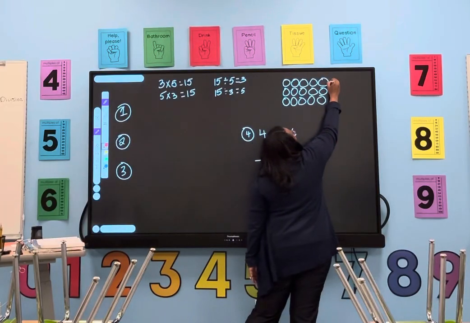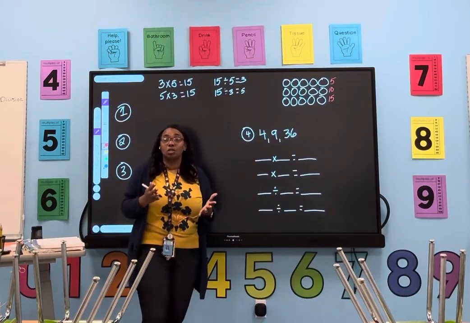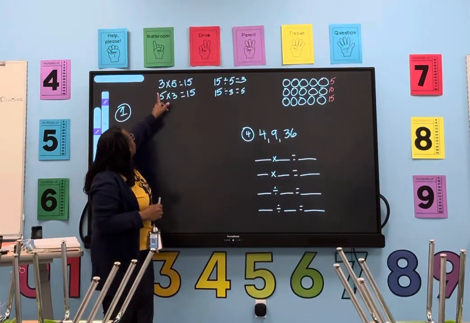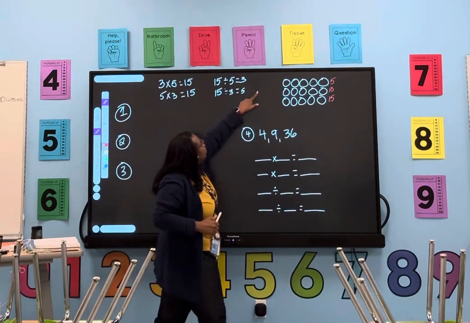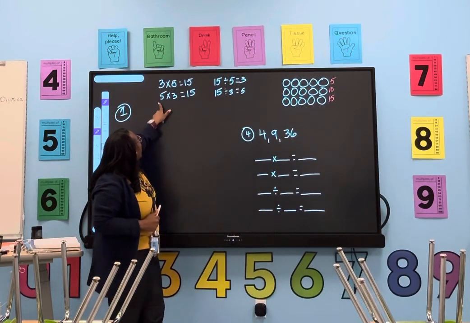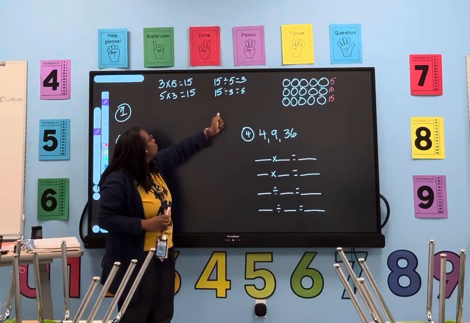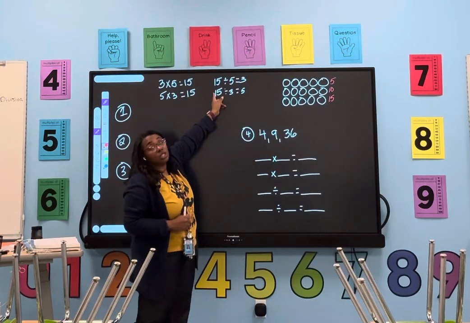So this would be 5, 10, 15. So you can always put that skip count to get you that total number. So 3 times 5 is 15. 3 rows of 5 is 15. And then they have 5 times 3 equals 15. Same number, same total.